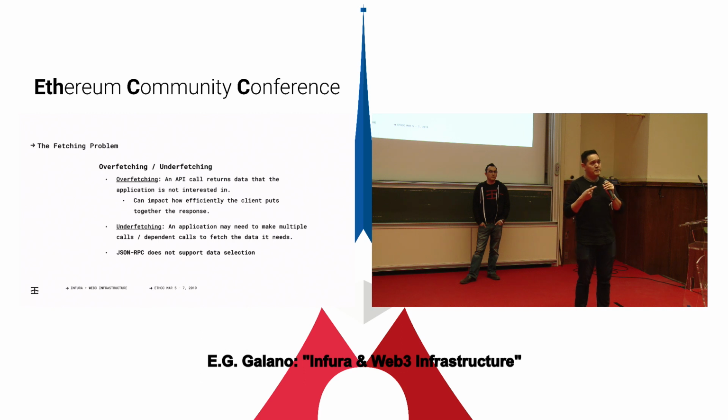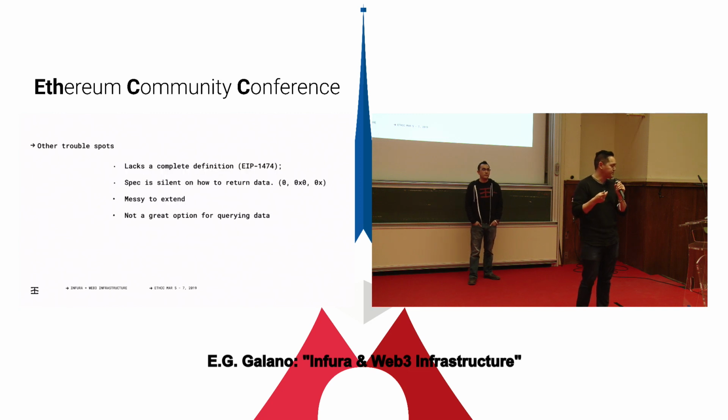There's also this problem of overfetching and underfetching data where maybe you're trying to query for presenting data for your wallet, and you need to know the account nonces, account balances, maybe token balances and things like that. And that's going to take you dozens, if not hundreds of API calls, when really with a better API, you would do it with fewer. And you end up overfetching a lot of data, getting redundant data and things that you don't necessarily need or care about.